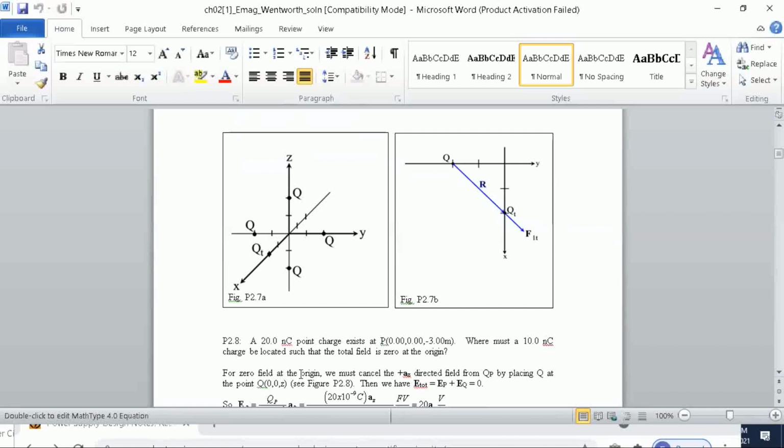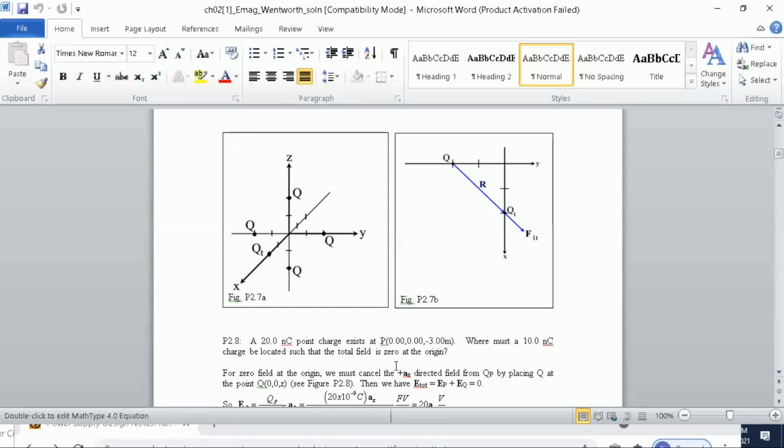For a zero field at the origin, we must cancel the plus AZ directed field from QP, right? As you correctly said, this is only in the AZ direction.